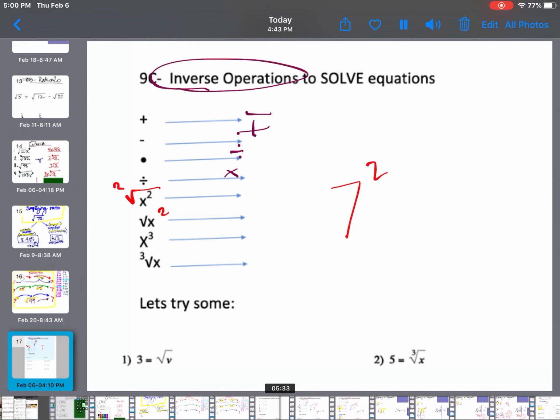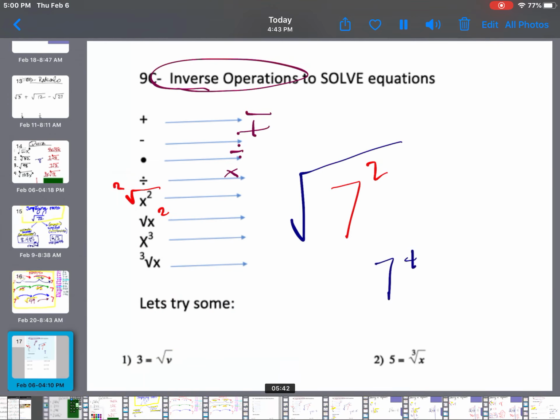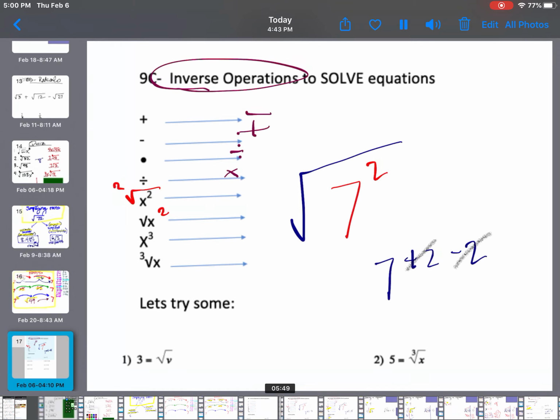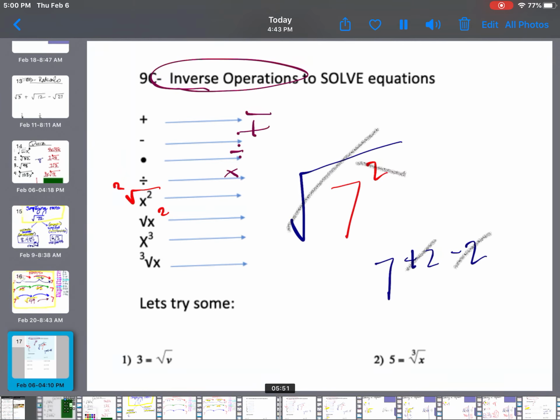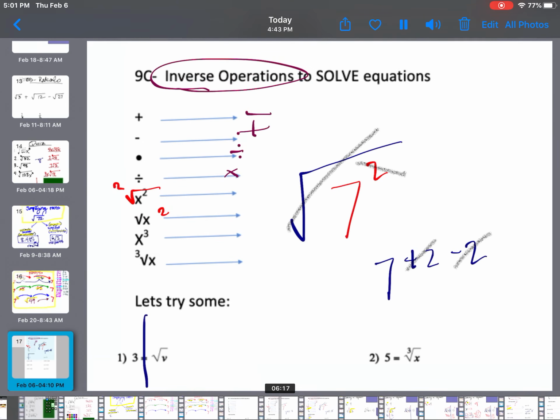Now, what that looks like is this. Write this off to the side. If I have a 7 squared and it has a square root in it, it's kind of like doing 7 plus 2 minus 2. Those two things cancel out. So here are the parts that will cancel out. These two things cancel out, which leaves us with just 7 as our answer.